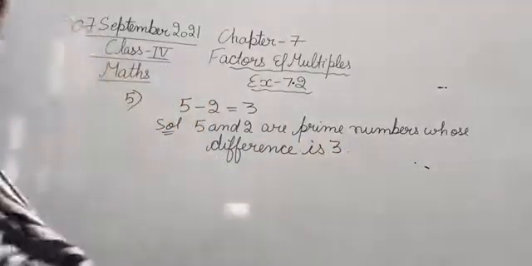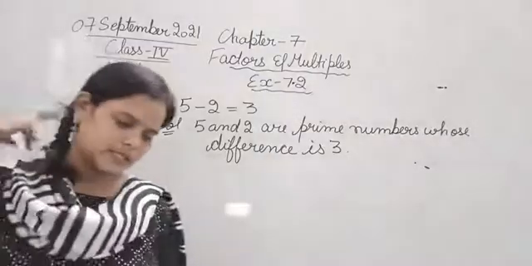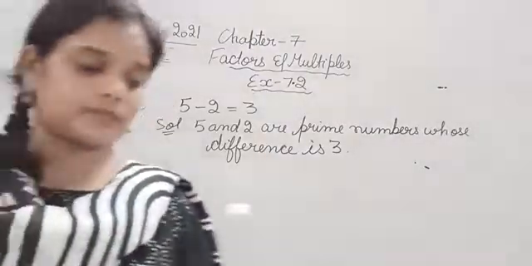So 5 and 2 are prime numbers whose difference is 3. Okay, if you subtract these two you will get 3. Next is question number 6.